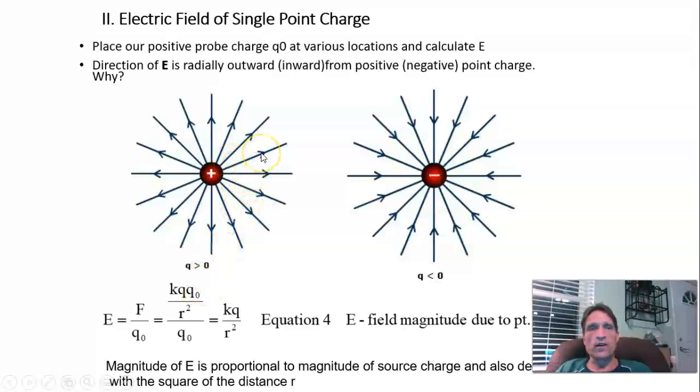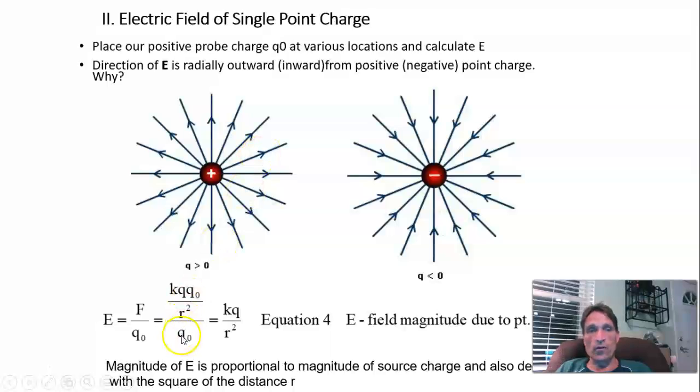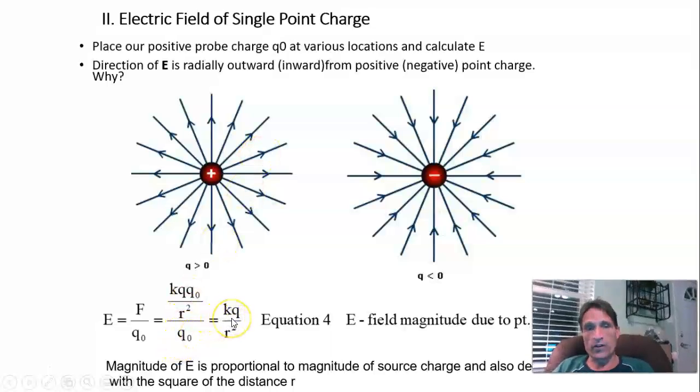At each point we place Q0, and the force that Q exerts on Q0 can be calculated by Coulomb's law. If Q0 is the probe charge and Q is the source charge, then the force is kQQ0 over R squared, where R is the distance. Then we divide this force by Q0, and we get the electric field produced by a single point charge.